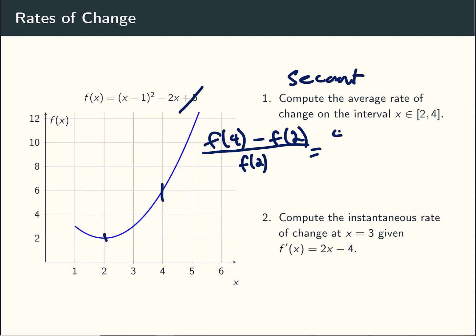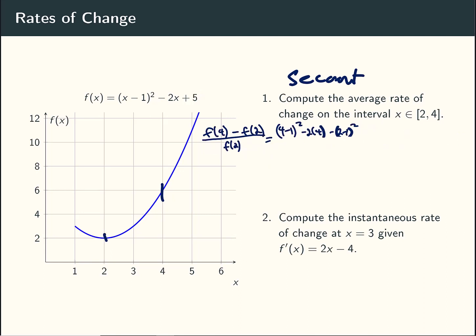And we're going to have 4 minus 1 squared minus 2 times 4 minus 2 minus 1 squared. I shrunk things down just a little bit to give some more room. Then we're going to have plus 2 times 2. This whole thing is going to be divided by 4 minus 1 squared minus 2 times 4 plus 5.